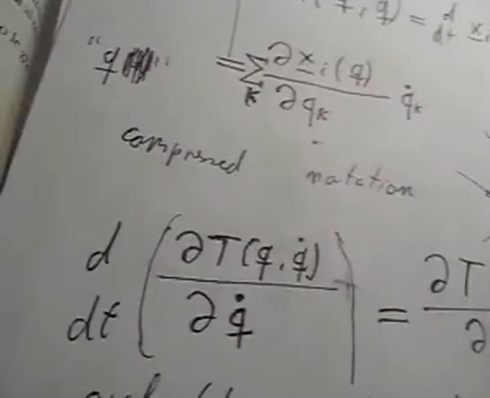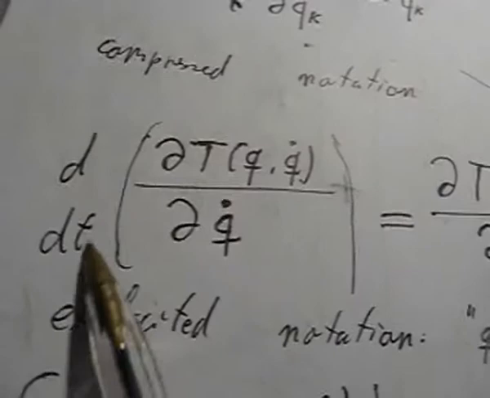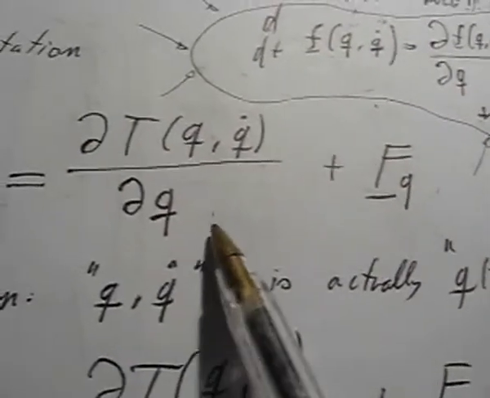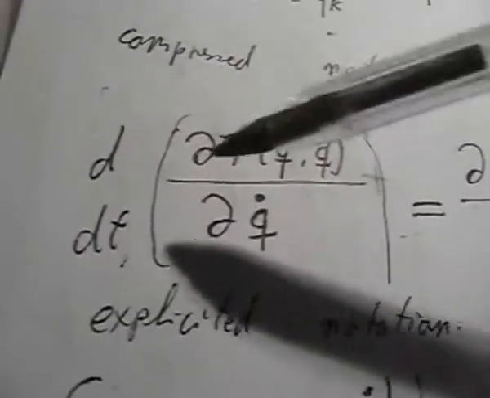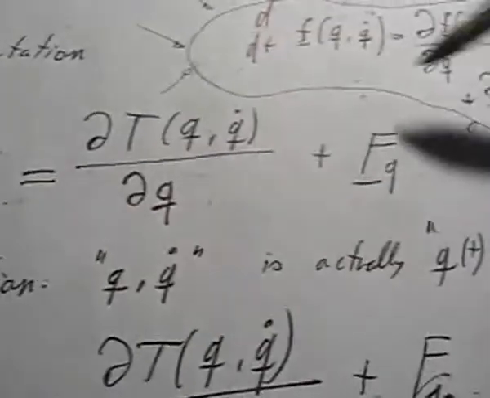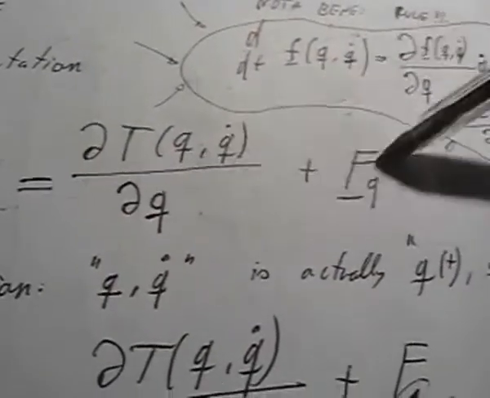But besides that, okay, the compressed notation for the Lagrangian equation of motion, to eventually find the q double dot vector starting from the kinetic energy expression, which is of this kind, is very confusing. Of course, avoid this notation. Its explicit notation is this way.